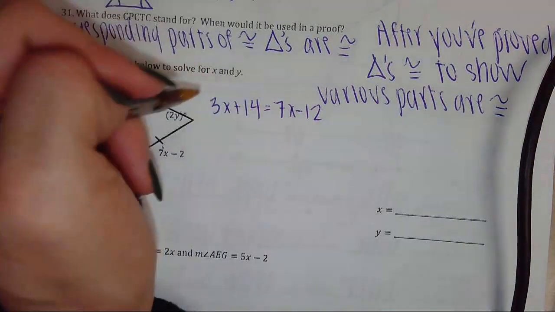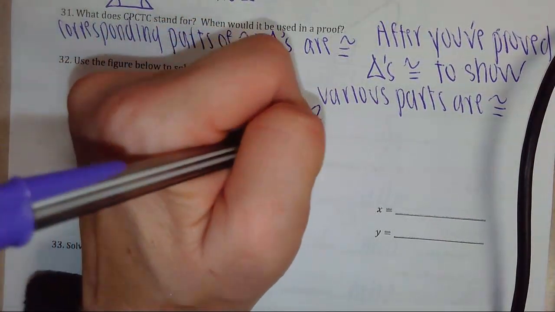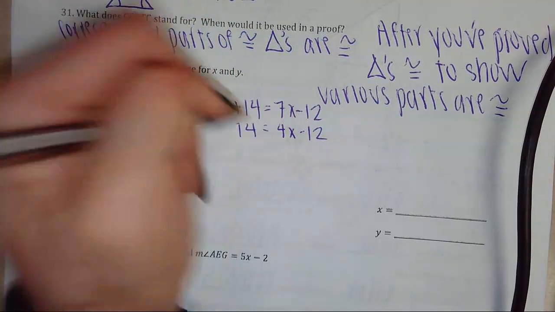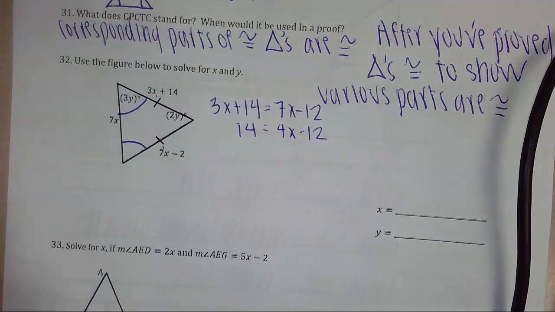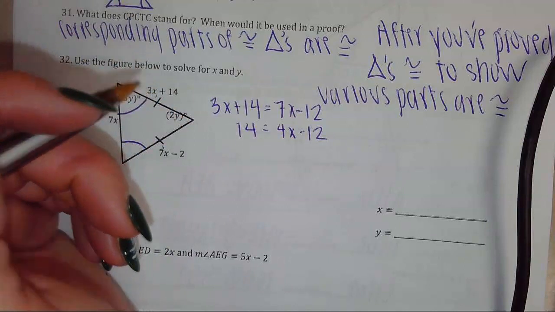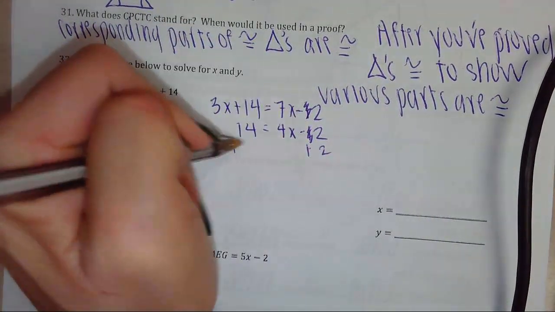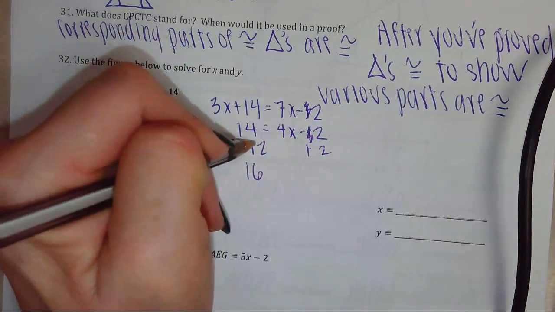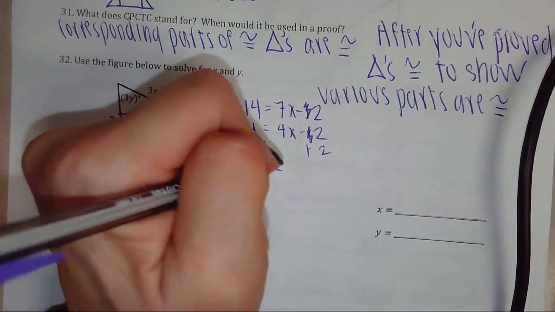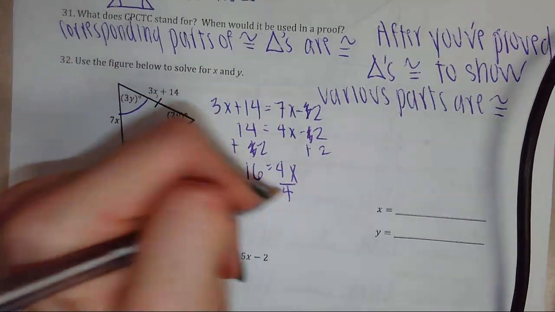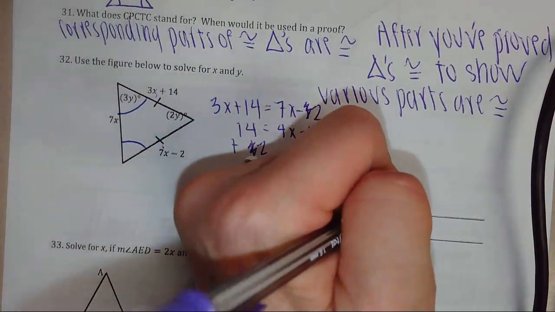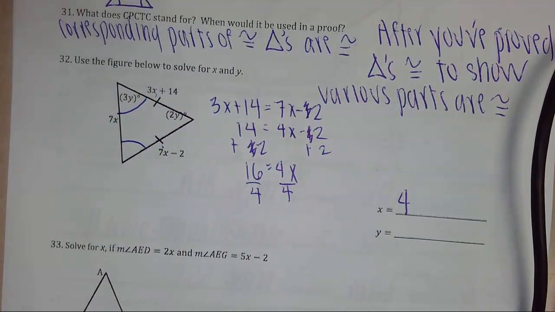So I'm going to subtract and get 4x minus 12 equals 14. And then, not 12, 2. Then I'm going to add 2 and get 16. Why do I keep writing 12? Equals 4x. Divide by 4, and x equals 4.